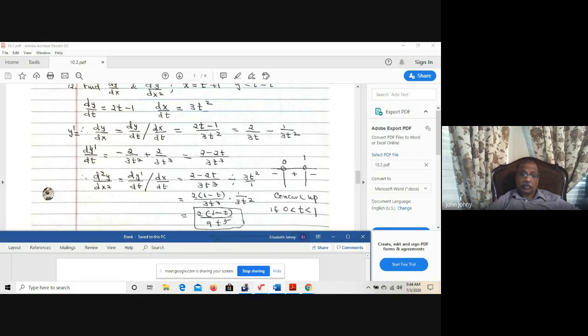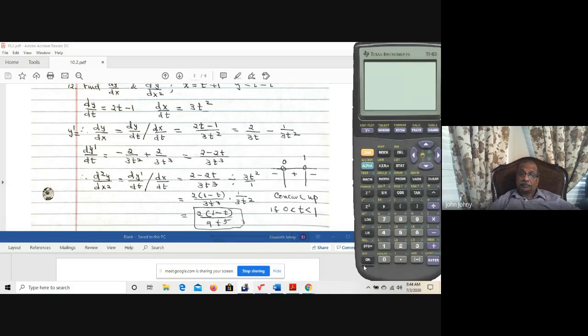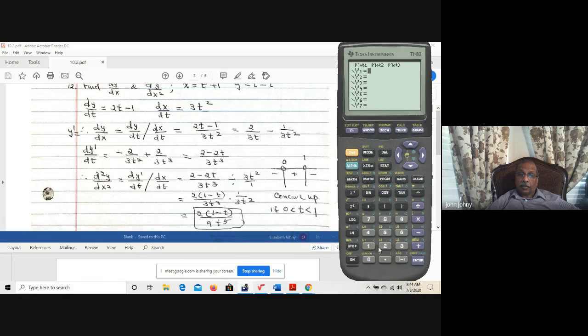Another way to find that is, you simply draw this graph on your calculator. So y is equal to 2 times 1 minus x divided by 9x to the 5.